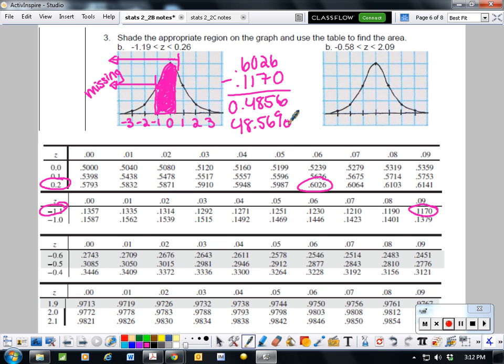Okay, so on the next one, we're going to do the same sort of thing. I'm looking between 2.09 and negative 0.58, and we're wanting to calculate that.